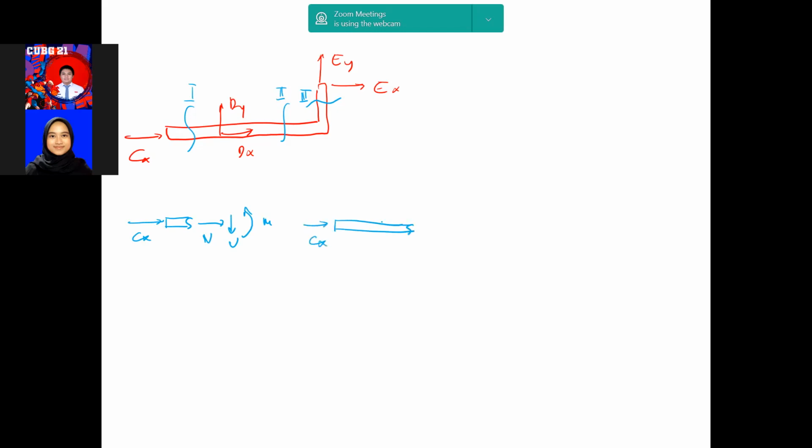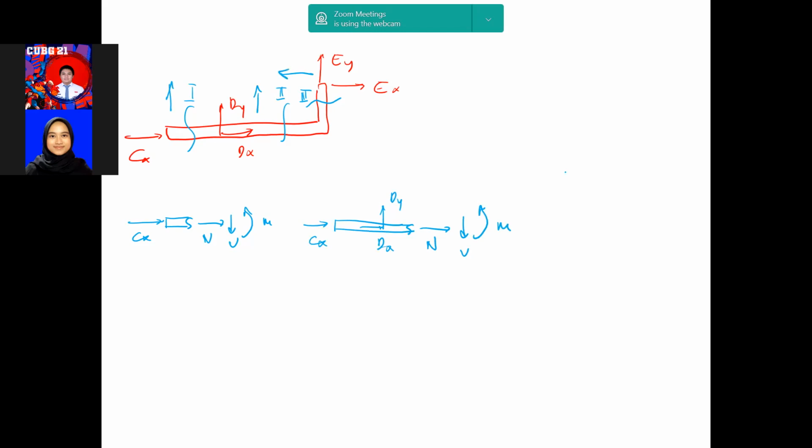CX, DY, DX. Because there is a horizontal force, I will put normal force, V, and moment. Remember, going up is like this, right here. But in this case, going up is like this for the vertical part.